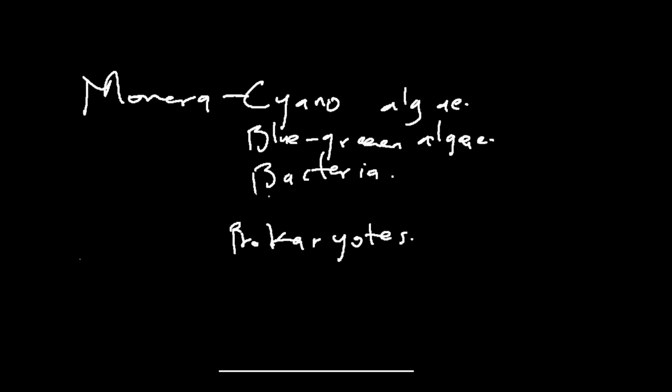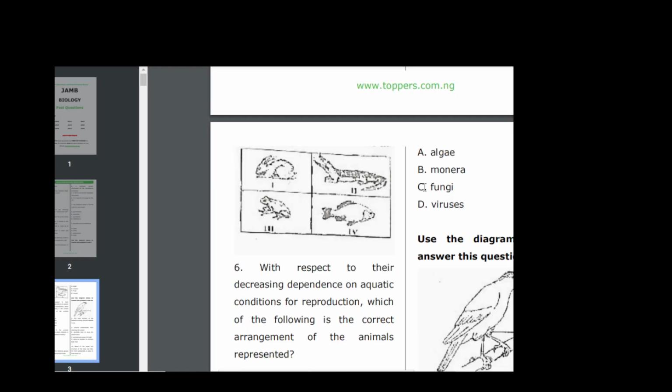Are we together? So the answer to that question is virus. A virus does not have a true nucleus. Even fungi have a nucleus because fungi is a eukaryote. The prokaryote there is talking about before nucleus.